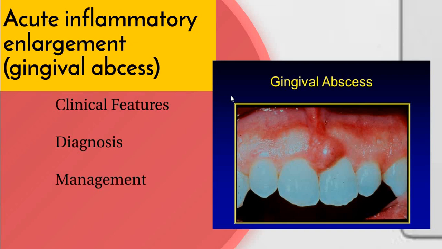So we have a trigger and we have an inflammation. Regarding the site, it's limited to the gingival margin or the interdental papilla, as we see here. This is the gingival margin and this is the interdental papilla.